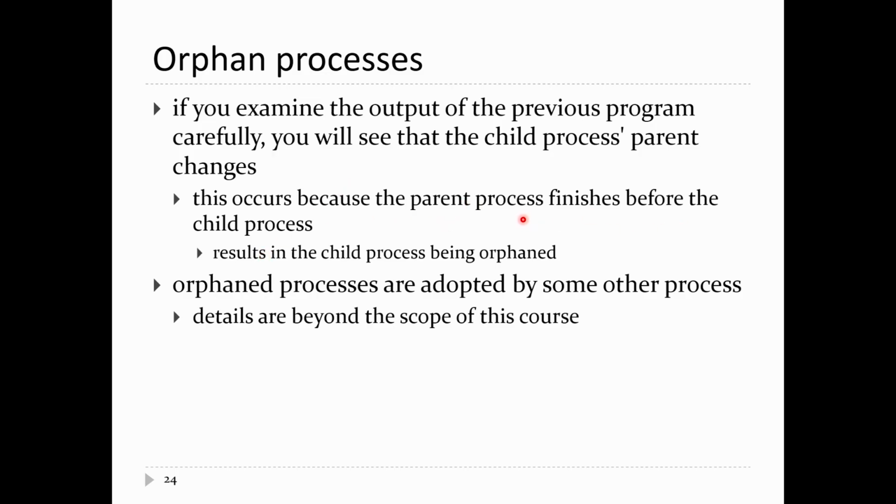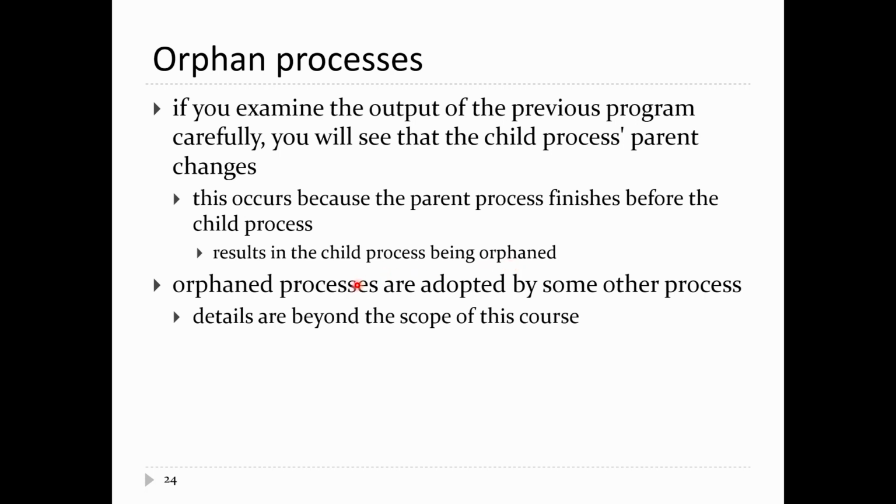So what ends up happening is the child process becomes orphaned. That's the actual word that's used. Now every process needs to have a parent. But the child process here, its parent went away. It finished, it returned 0 and then it left. So that child is now parentless, which is why they say it's orphaned.